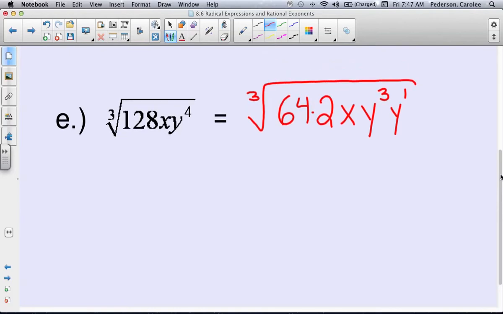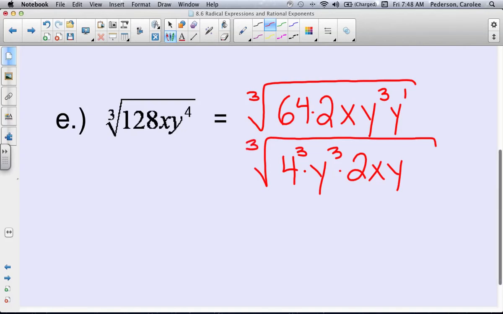Now, 64, you can rewrite 64 as 4 times 4 times 4. And then I'm just going to group the y cubed next to the 4 cubed. And then I have left the 2, the x, and the y.